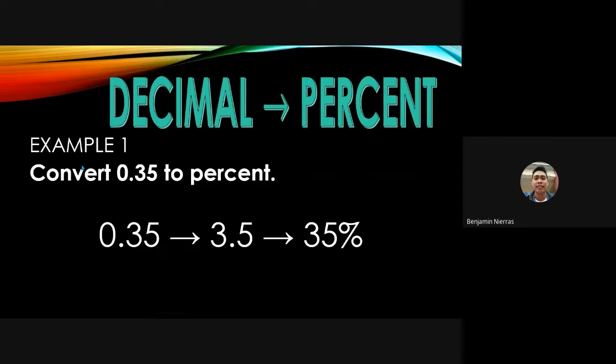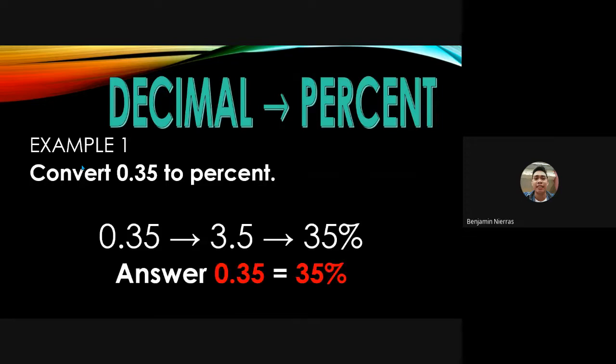Then affix the percent sign, 35%. Therefore, the answer is 0.35 equals 35%. Again, the hidden calculation in this solution is that we multiply 0.35 by 100, making the answer also 35%.